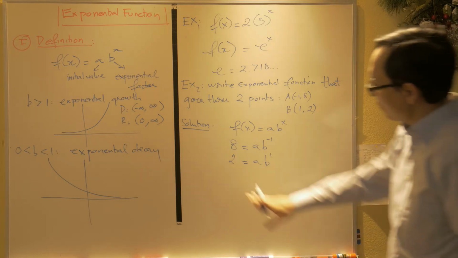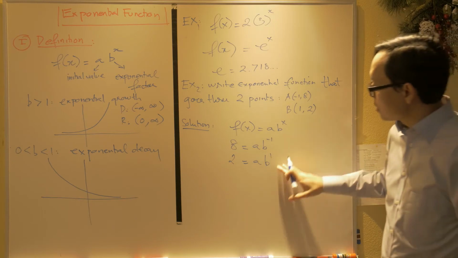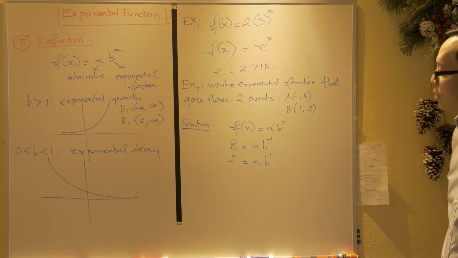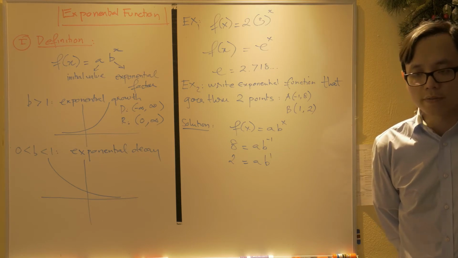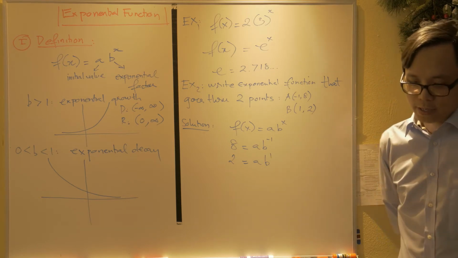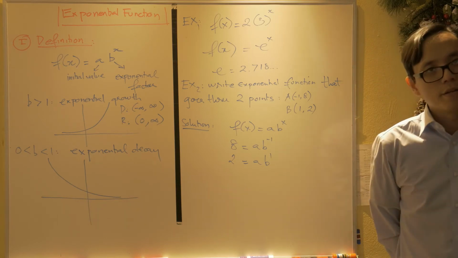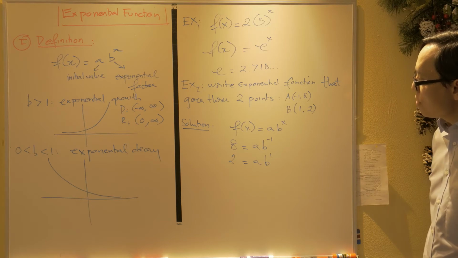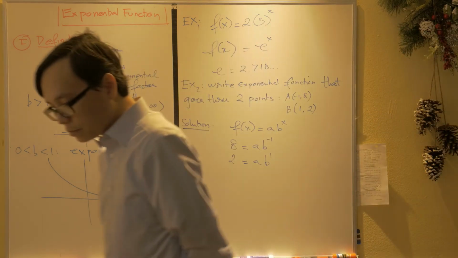So the first equation has an a and b, and the second equation also has an a and b. So we could use the substitution method. We already learned when you solve a system of linear equations, there's the substitution method and the elimination method. In this case, we cannot use elimination method, so we can use substitution method. Okay, that's one of the ways.